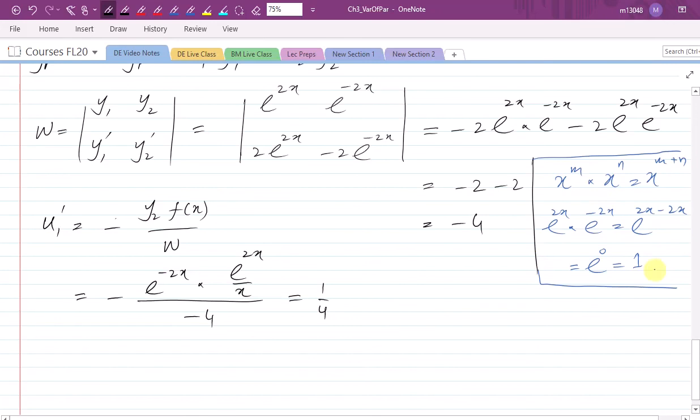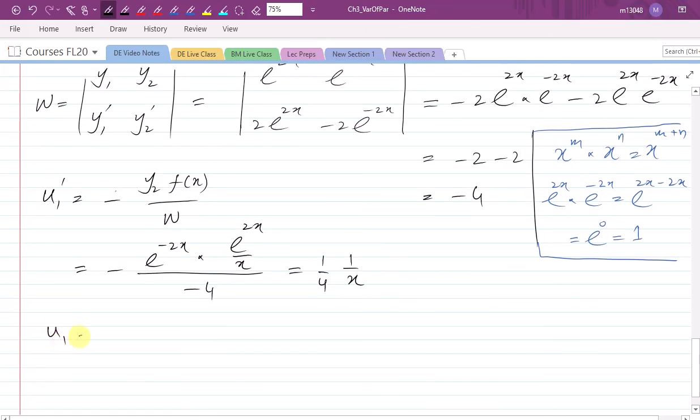So once again, using the same rule, we get 1 over x, and u1 will be 1 by 4 integral 1 over x dx, which is 1 by 4 log of x.